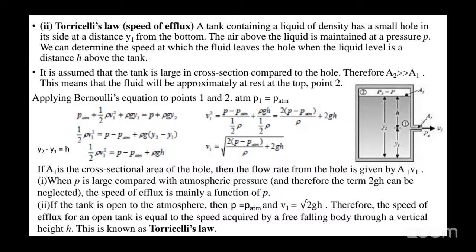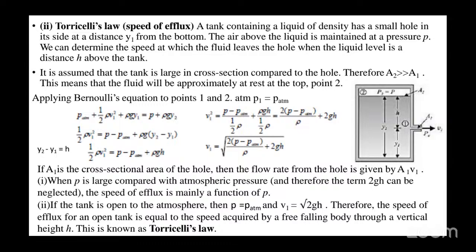Now, this formula is the formula of a free falling body through a vertical height. In your equation of motion, v squared is equal to u squared plus 2as.